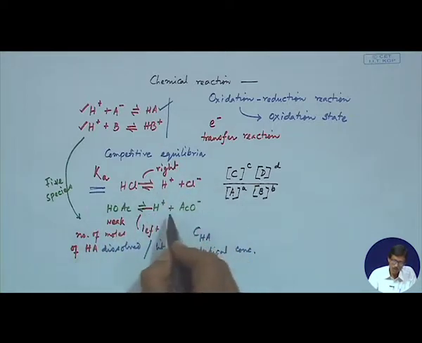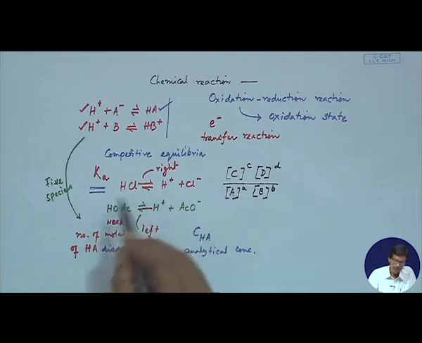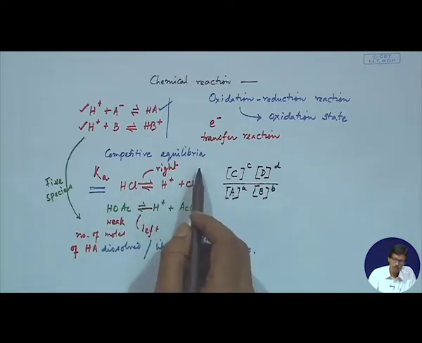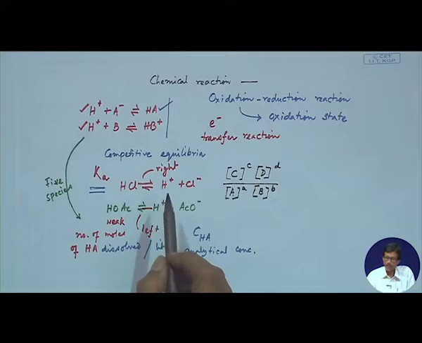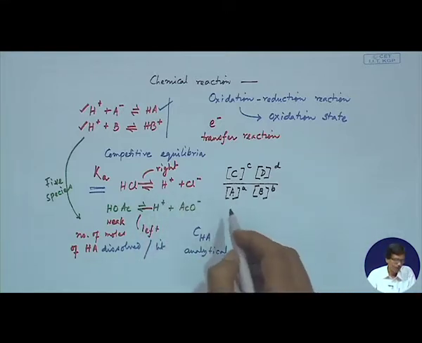This particular equilibrium is staying on the left, and this other equilibrium is going to the right. So, the concentrations of the individual species involved in an equilibrium reaction are different.